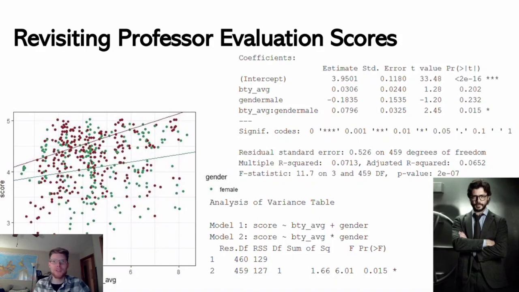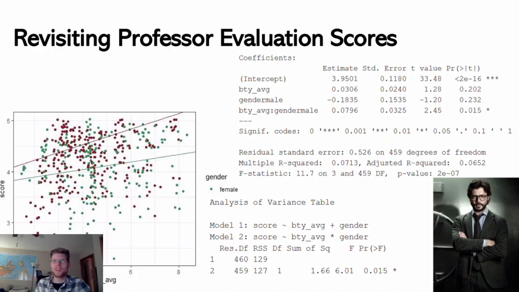So in this case, if we create a least squares model and fit this model with those parameters, we notice here that there is a larger gender discrepancy among the more beautiful professors.